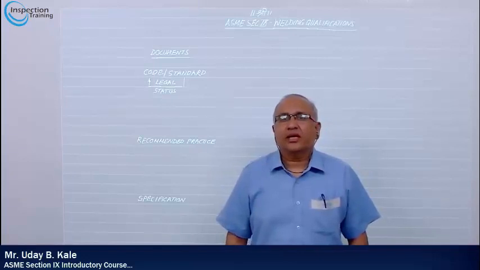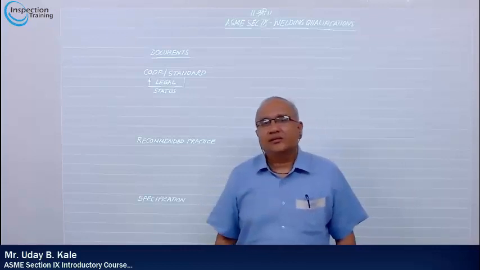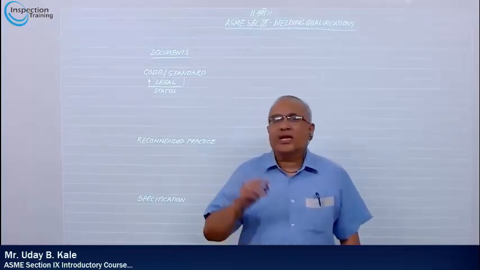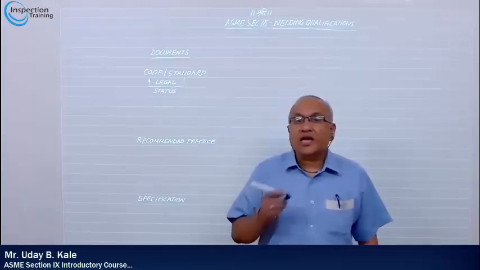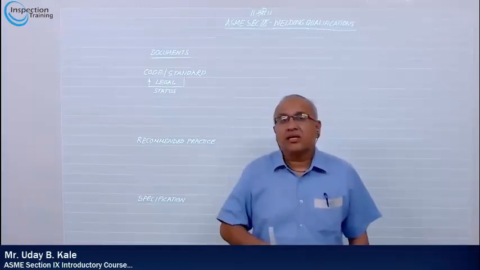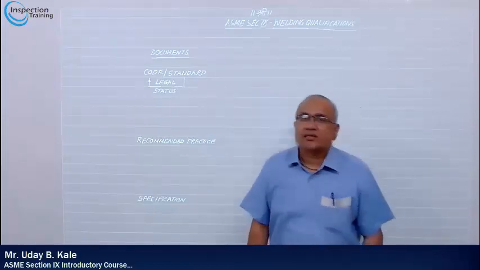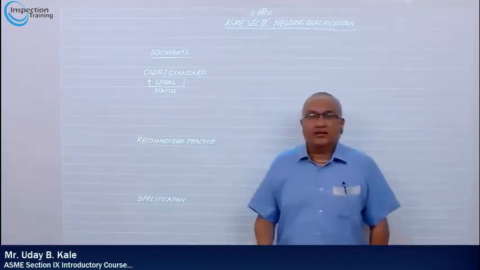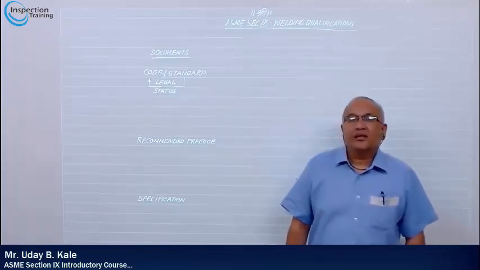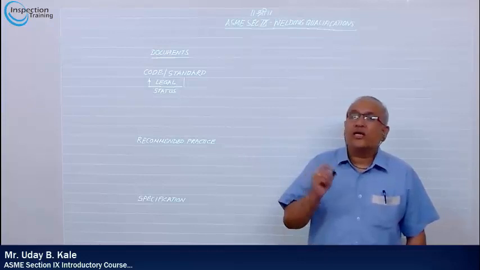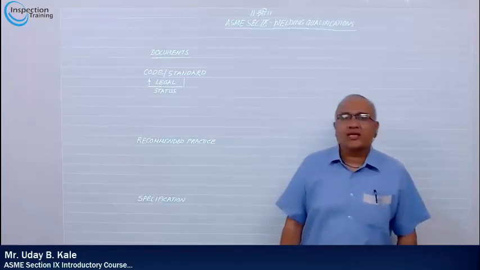But it is a standard in India. We always use ASME Section 8 Division 1 code, which is actually a standard for us, but it is a code for US. If Indian government tomorrow passes a law, then it will become a code. So that's how you understand the difference between a standard and a code, as simple as that.